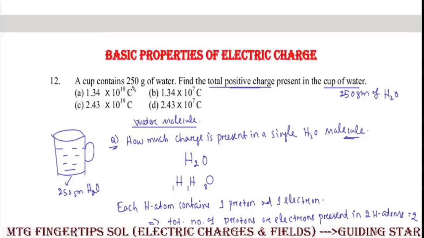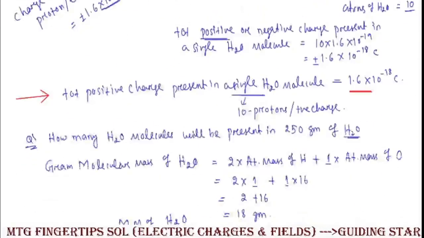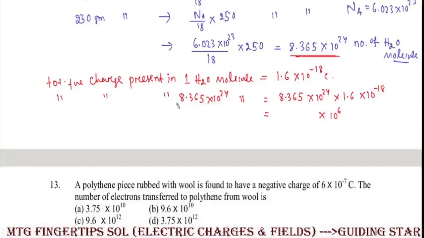So these two options will be incorrect; we just need to calculate it. Let me take 8.36, that is 8.4, and multiply it with 16.